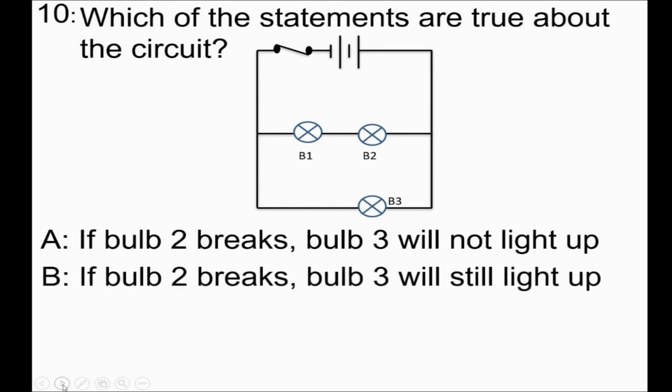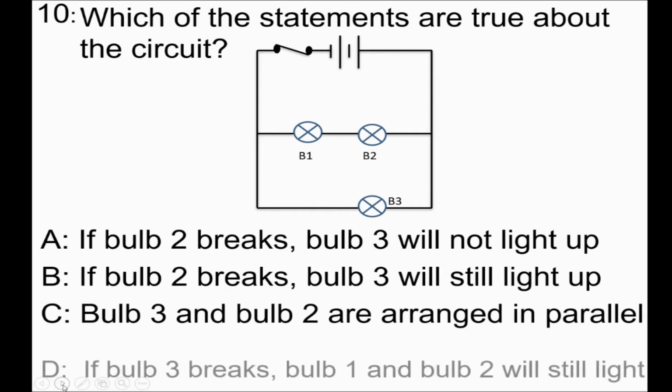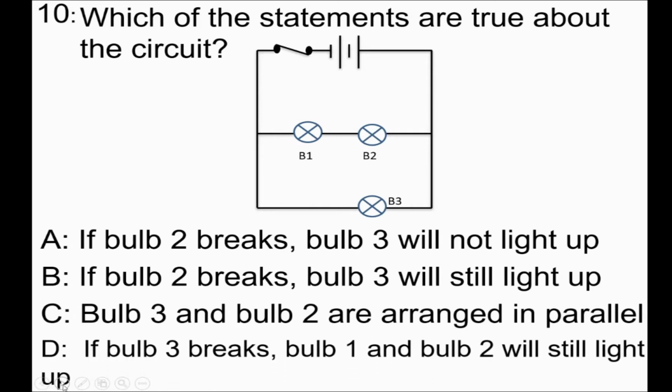B says, if bulb 2 breaks, bulb 3 will still light up. C says bulb 3 and bulb 2 are arranged in series. And D says if bulb 3 breaks, bulb 1 and bulb 2 will still light up.